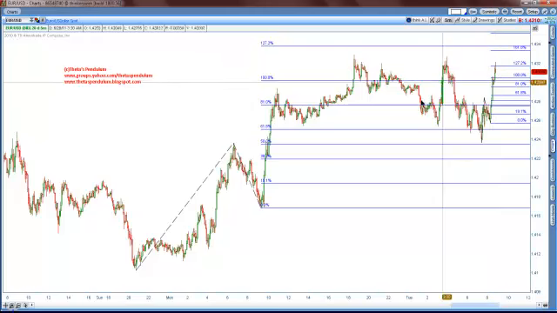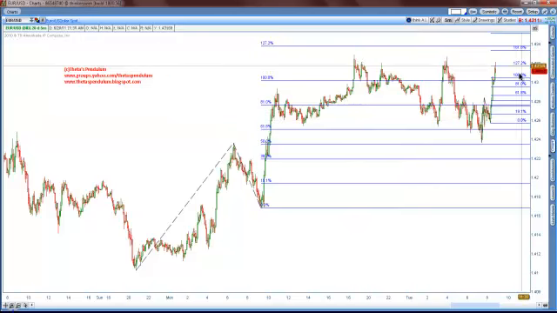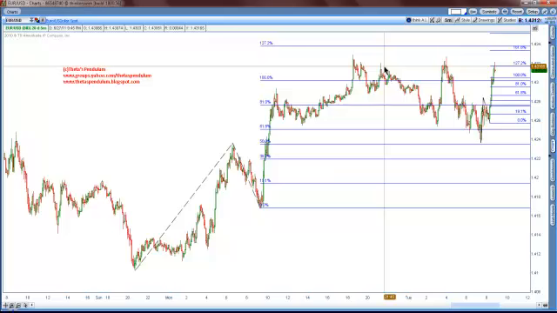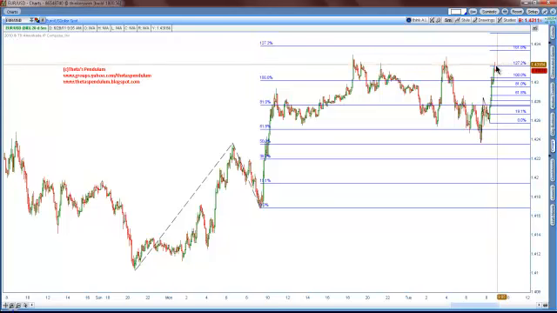Now we stabbed through. If this follows the typical scenario, I'm looking for this previous high to be reached, and I want to see a nice clean five-wave sequence in here. Sometimes it doesn't come out quite as clean as we'd like, but that's what we're looking for. The resistance of this previous top is also holding this down, so we might have some sideways action before it pops through, which I'm pretty confident it will.